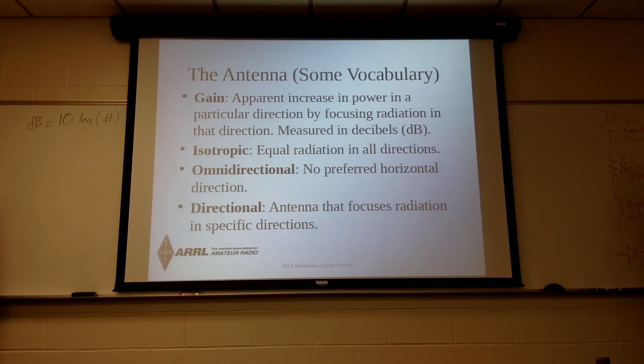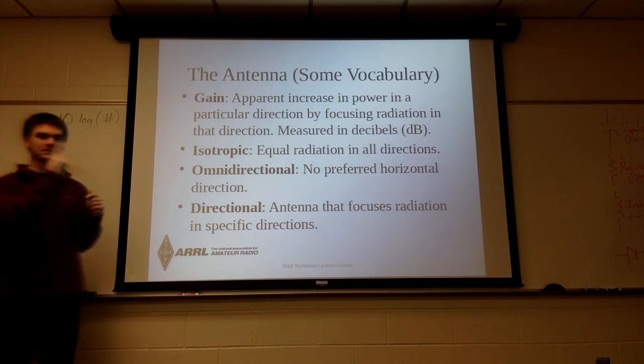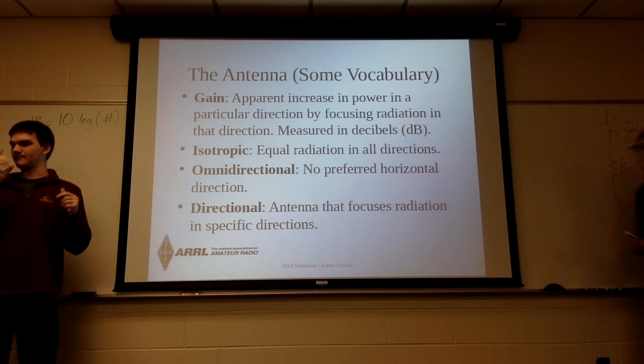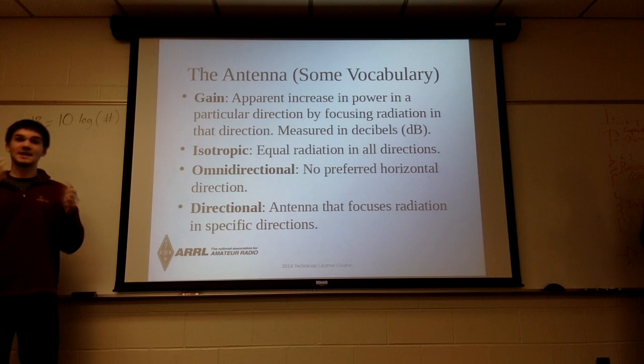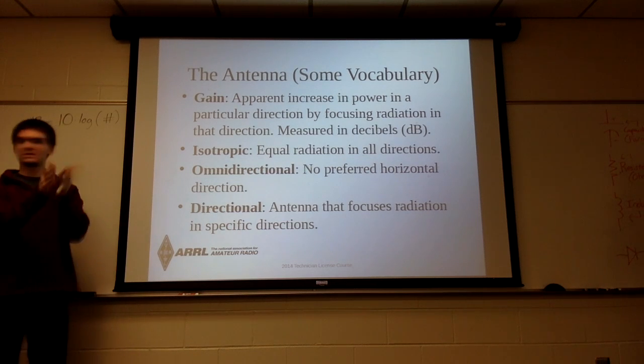So typically you'll buy an antenna that says, oh, we can give you 10 dB of gain, which means it amplifies your signal 10 times, versus if you had just used an antenna that radiates equally in all directions. That's what we call an omnidirectional antenna.